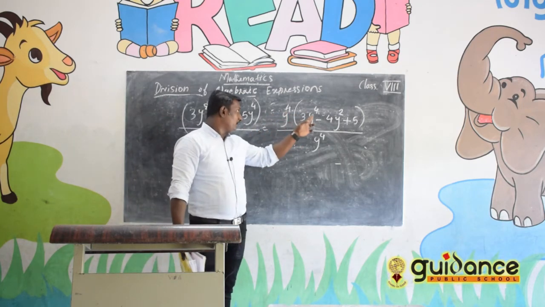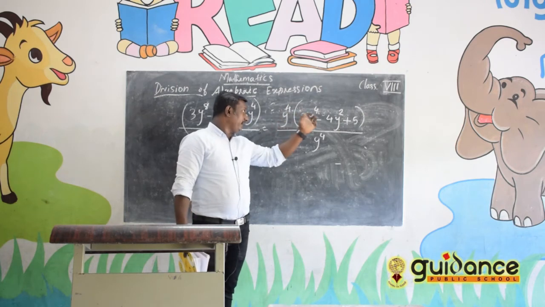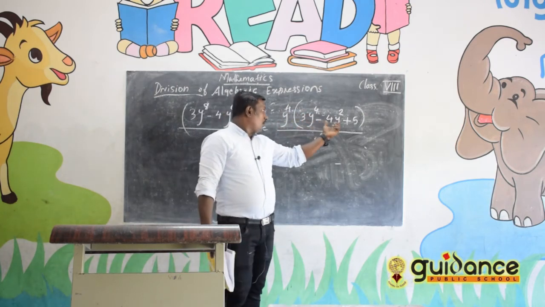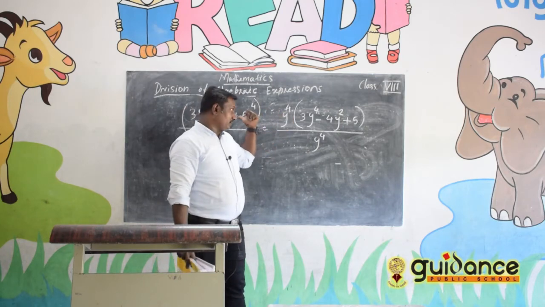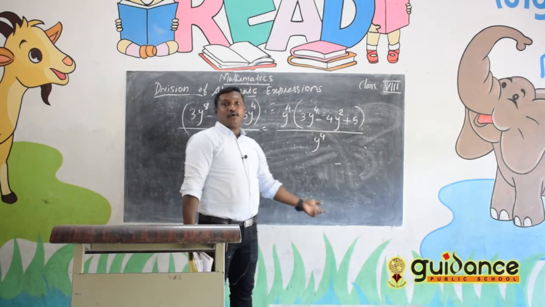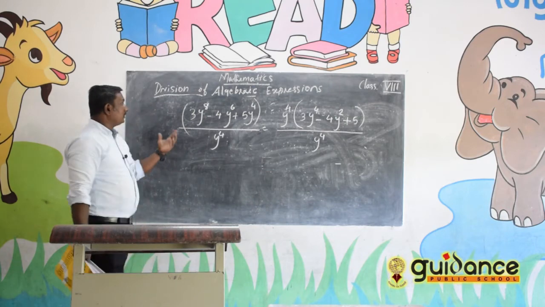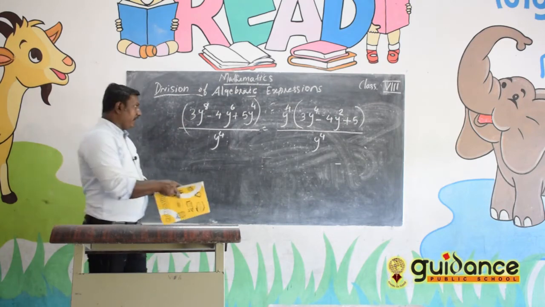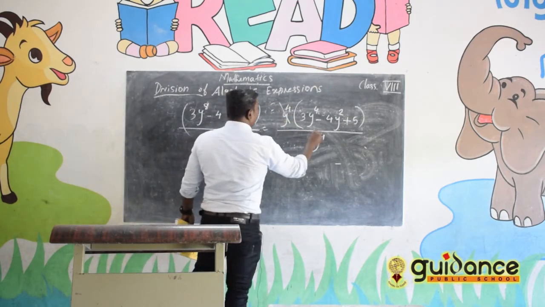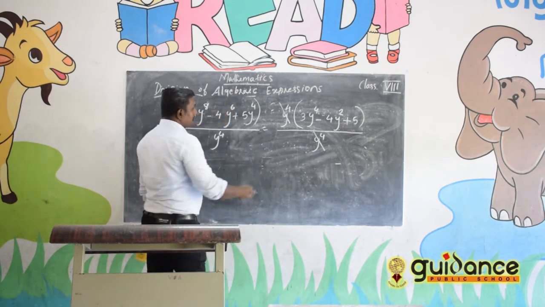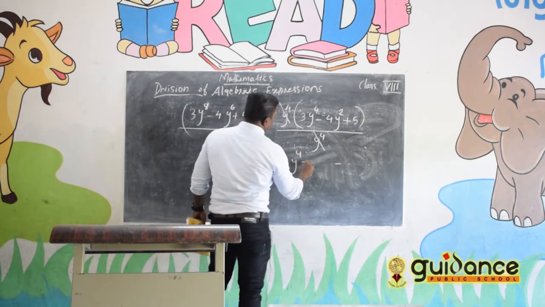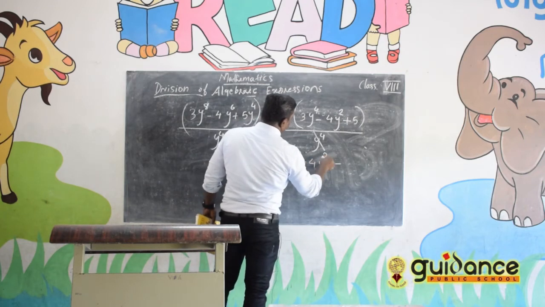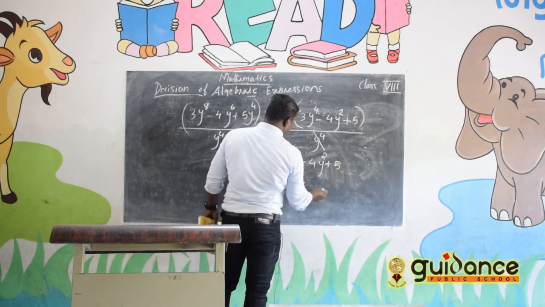So y raised to 4 into y raised to 4 is y raised to 8, and y raised to 2 plus 4 is y raised to 6, and we get 5 into y raised to 4. Then we can cancel y raised to 4 by y raised to 4. The answer is 3y raised to 4 minus 4y square plus 5.